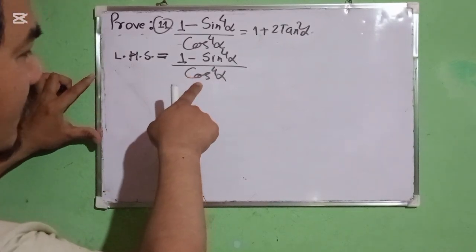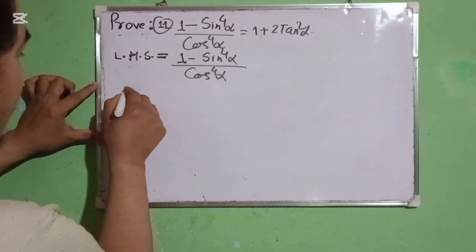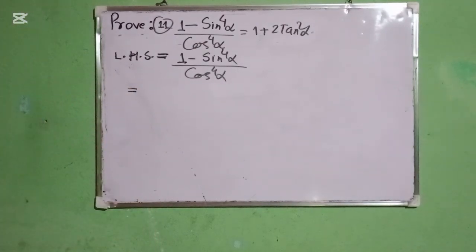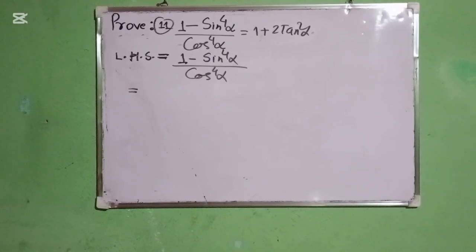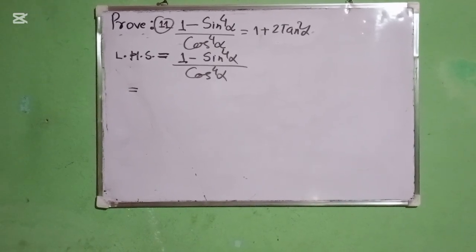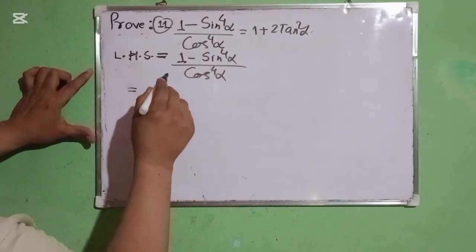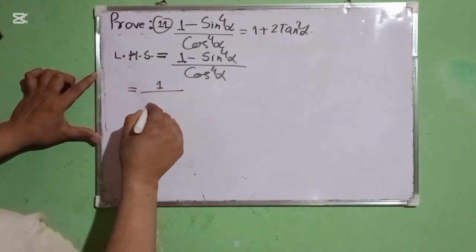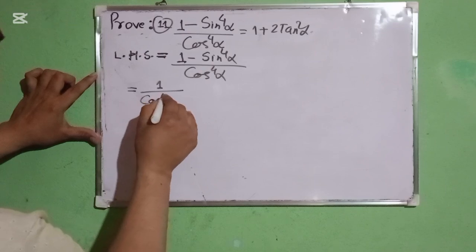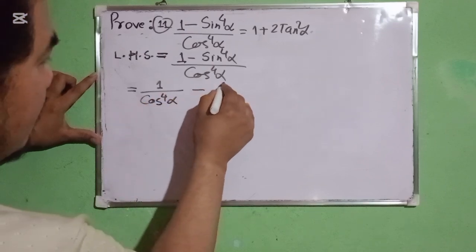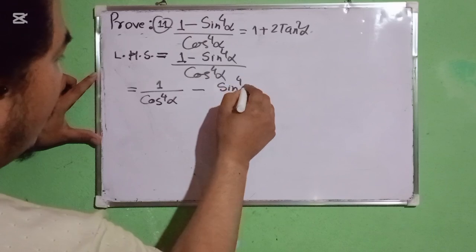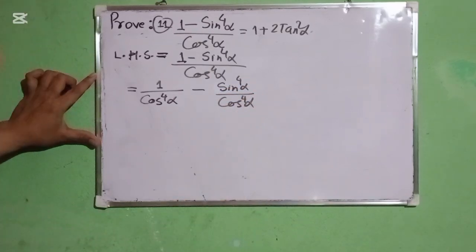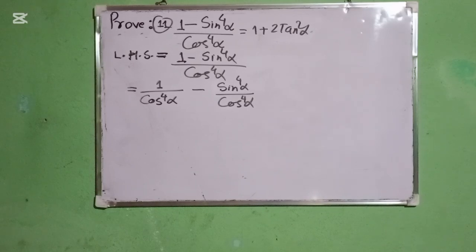And here is a single denominator, that's why in such case we have to separate like this, look here: 1 by cos power 4 alpha minus sine power 4 alpha by cos power 4 alpha, like this separate the terms.